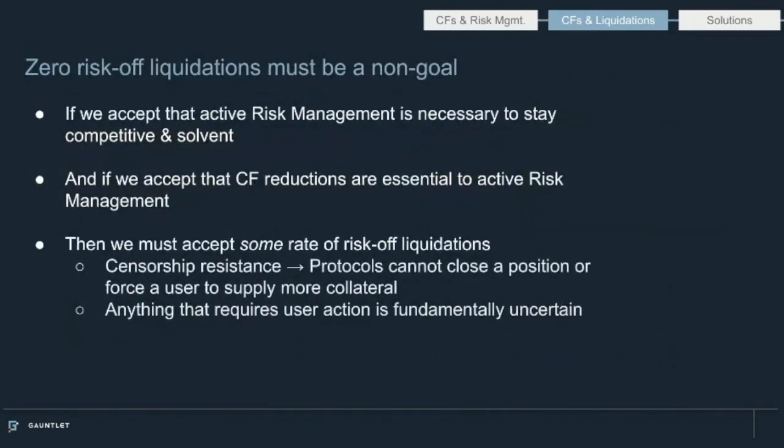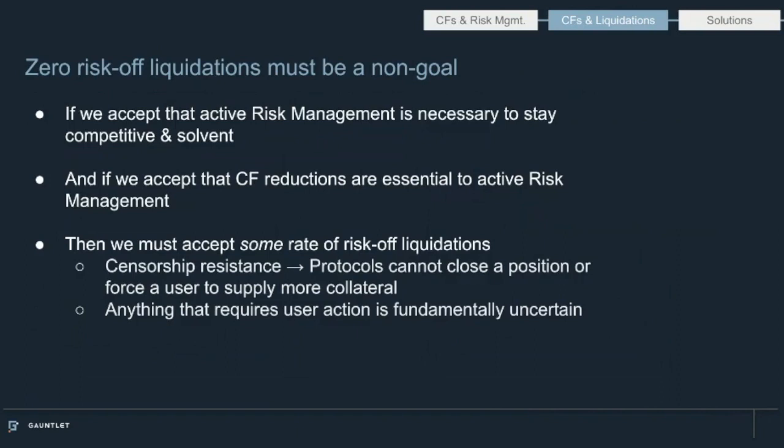Zero risk-off liquidations must be a non-goal. So if we accept that active risk management is necessary to stay competitive and solvent, and if we accept that collateral factor reductions are essential, then we must accept some rate of risk-off liquidations. This is for censorship resistance.